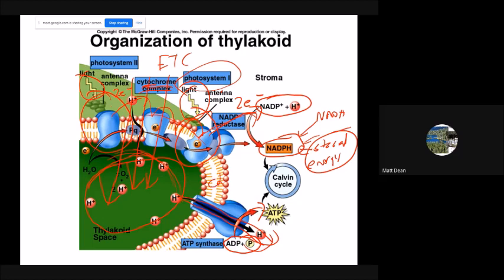Again, this is the process of chemiosmosis. Using the energy from an H plus gradient, a proton gradient, to phosphorylate ADP to make ATP. Another source of stored energy. Energy that used to be sun energy, sunlight.